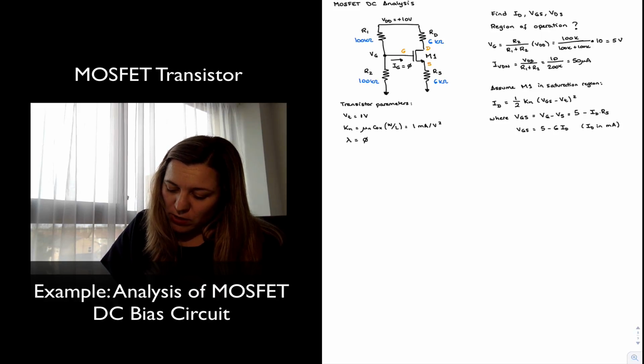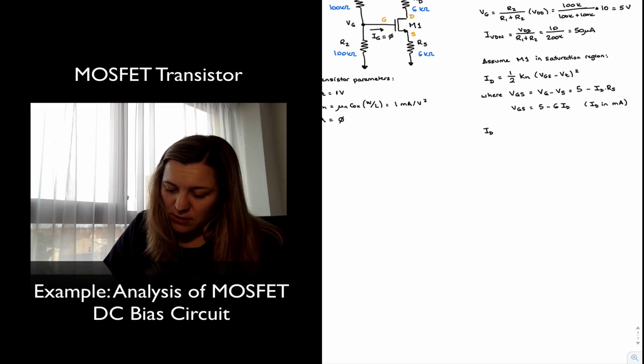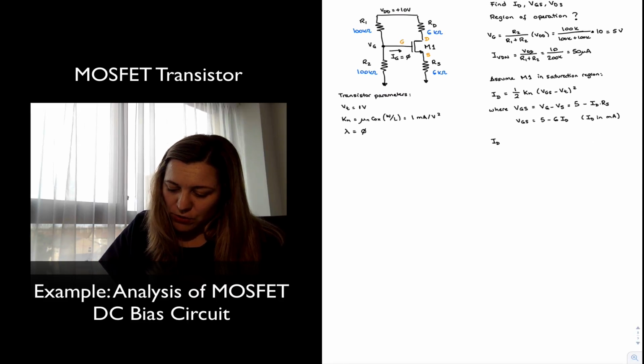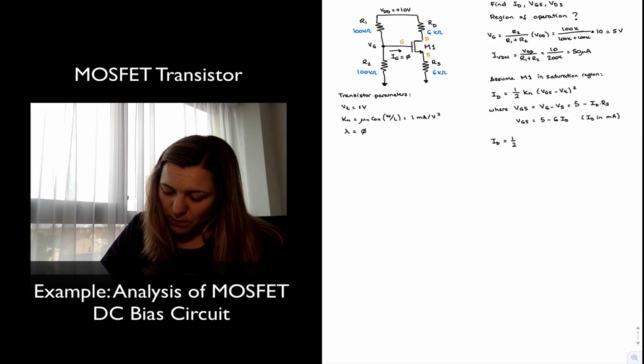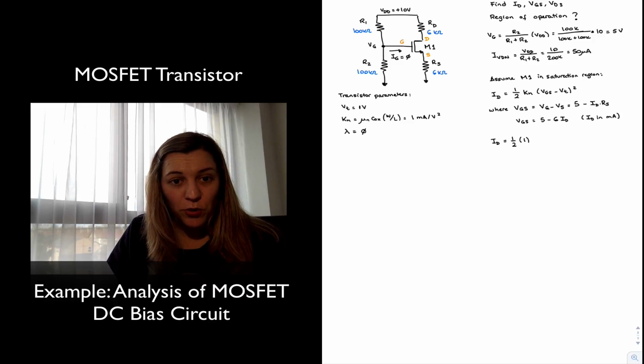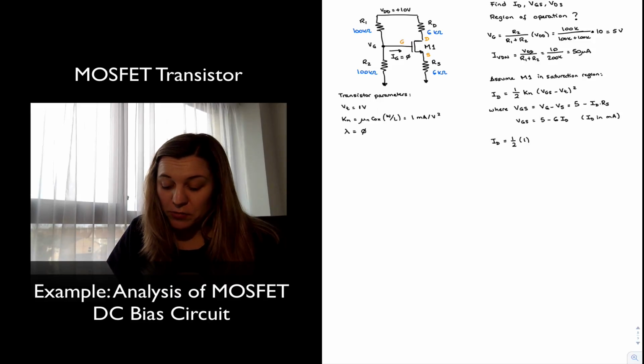Alright, so I can go ahead and write my equation for ID based on this value of VGS as being equal to 1/2 of Kn, which is 1. And again, it's 1 milli, but since I'm going to be putting all my terms in milliamps, I'll just skip the milli for all of them.